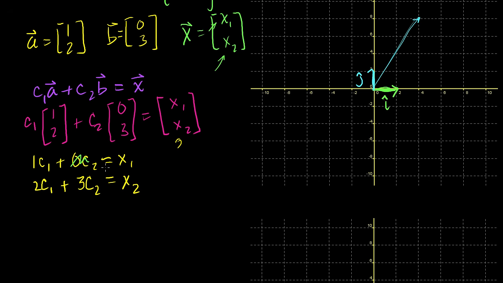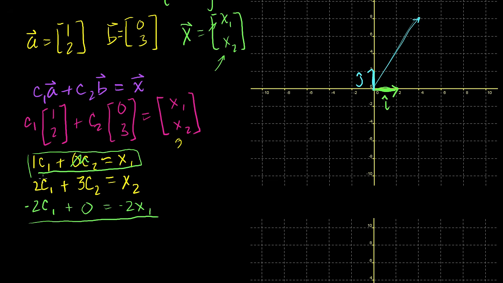We can ignore it. So let's multiply this equation up here by -2 and put it here. So we get -2 c1, we get a 0 here, plus 0 is equal to -2 x1. And then you add these two, these cancel out.